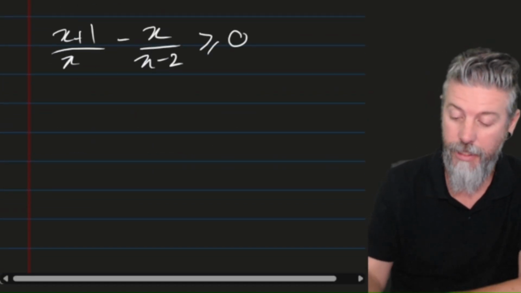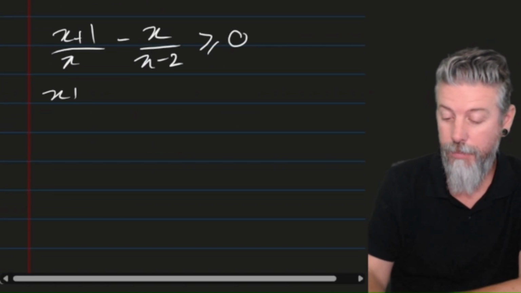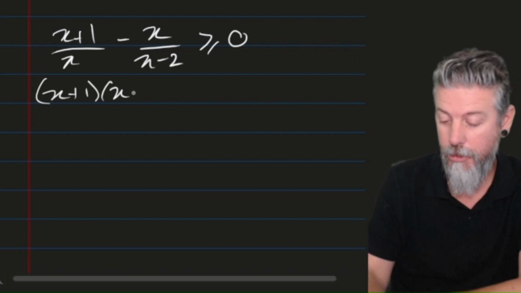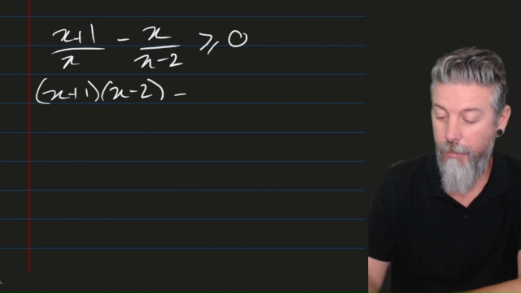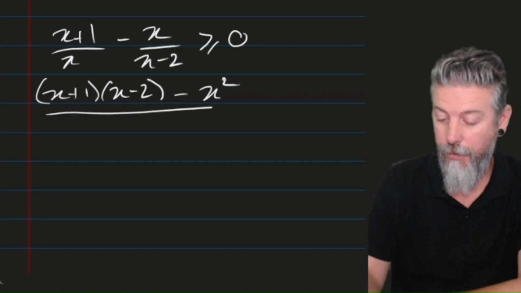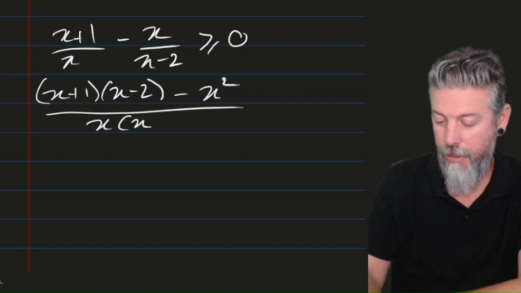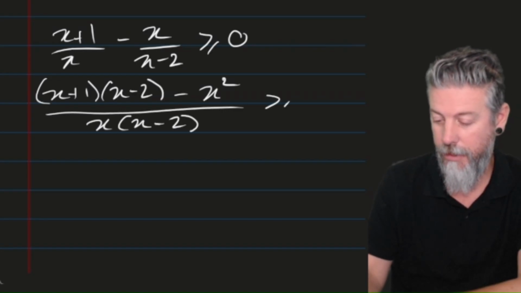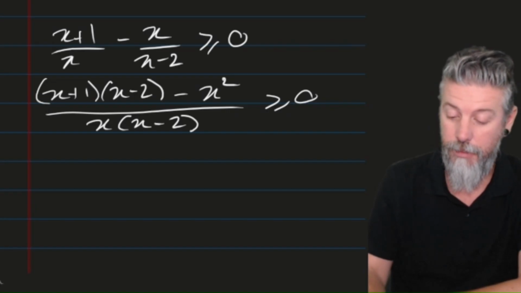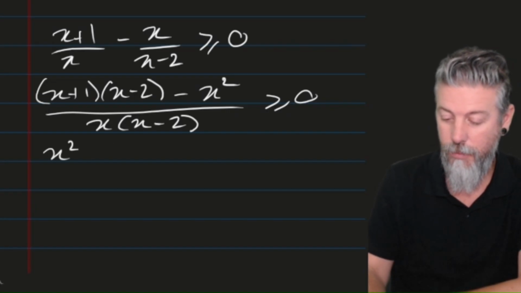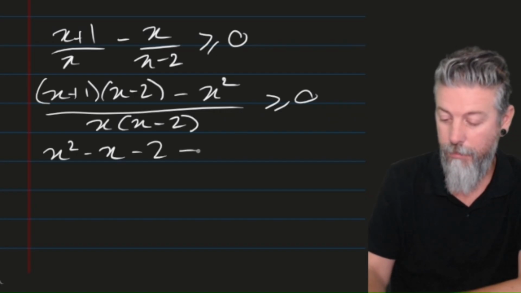So we can just go ahead and get x plus 1, x minus 2, minus x squared over x outside of x minus 2 is greater than or equal to 0. Then we can expand that top and get x squared minus x minus 2 minus x squared all over x.